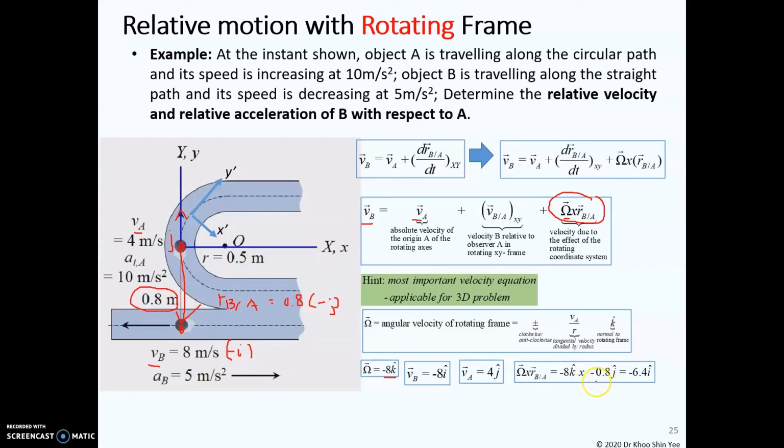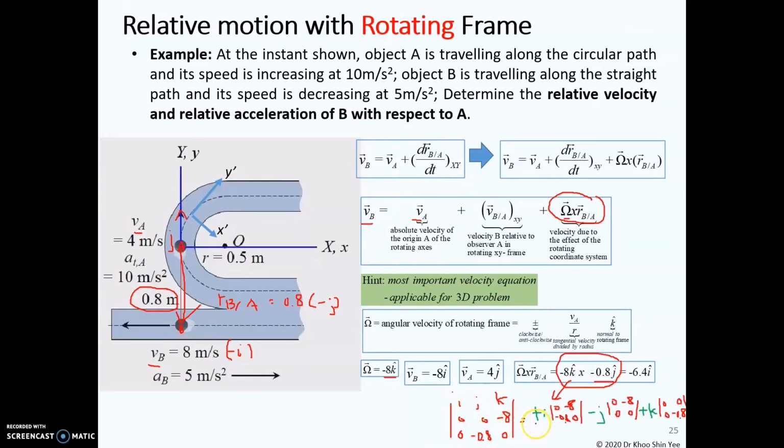With that, we obtain it to be negative 0.8j. To compute this component, you then need to perform the cross product by using the determinant. So you have i, j, k. For the first vector, you have 0, 0, negative 8k. Then you have 0, negative 0.8, and 0.